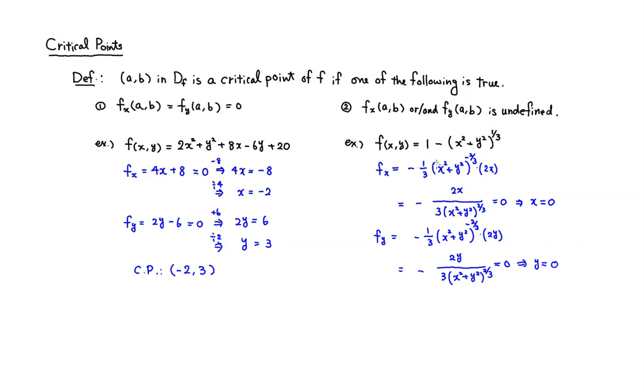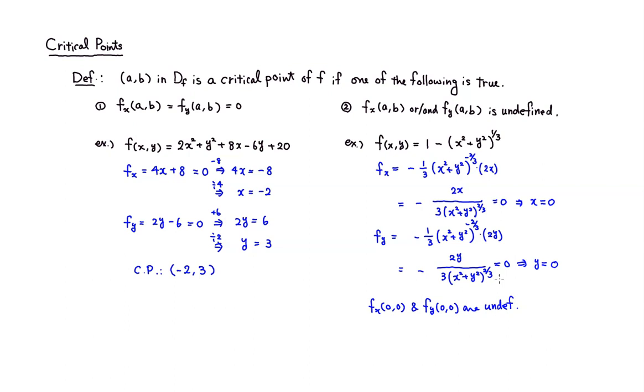So at the origin, the partial derivative with respect to x and the partial derivative with respect to y are both undefined. We don't have to have both, but in this case they are.